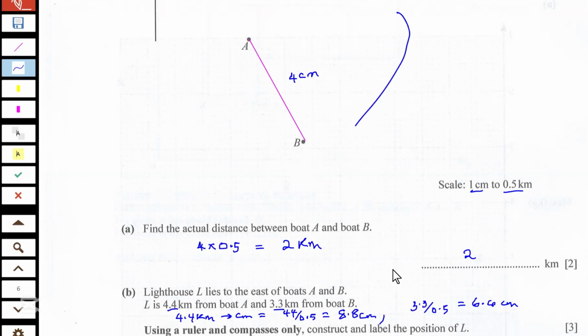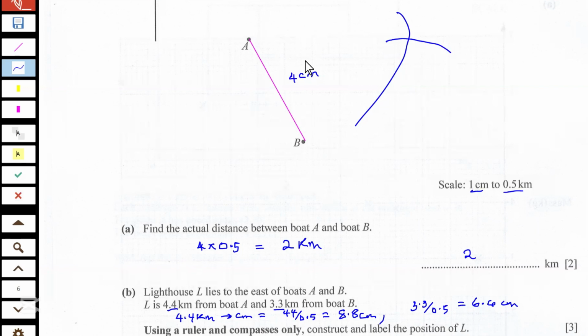Then for B, you also have to measure 6.6 centimeters: place your compass on the ruler and measure out 6.6 centimeters. Place the tip of your compass on B and create an arc that intersects the first arc.